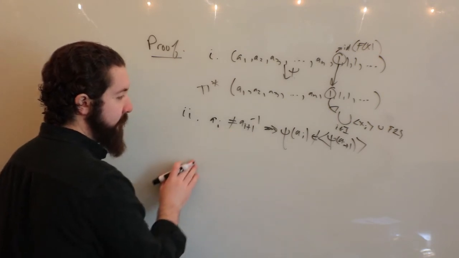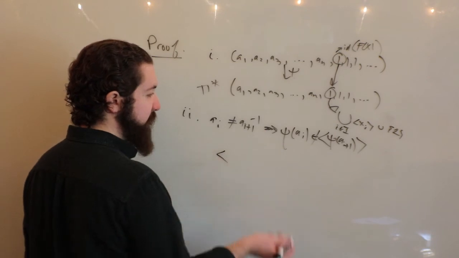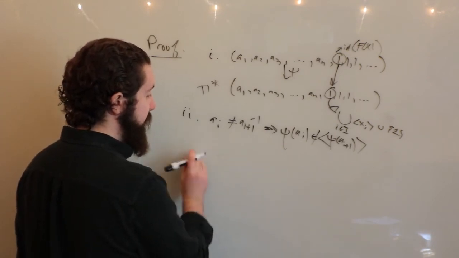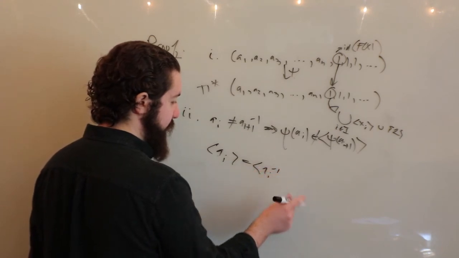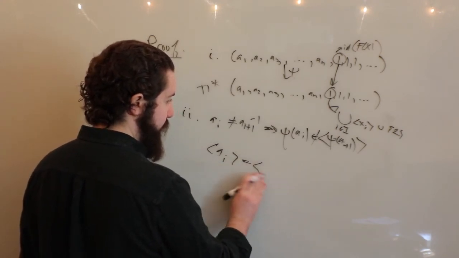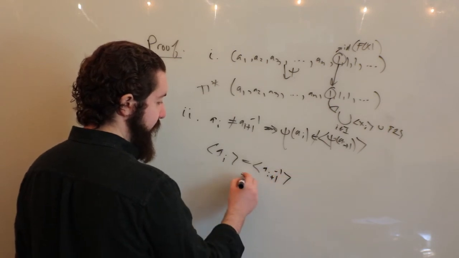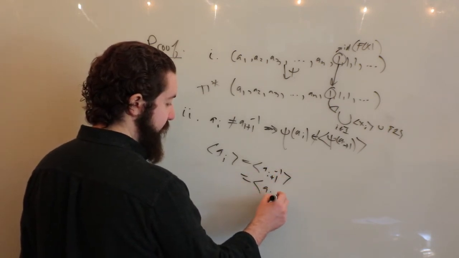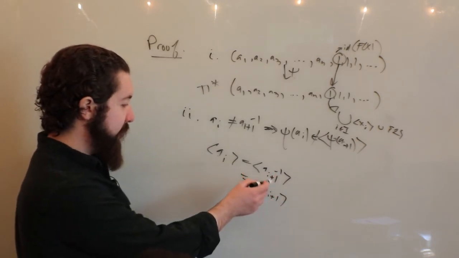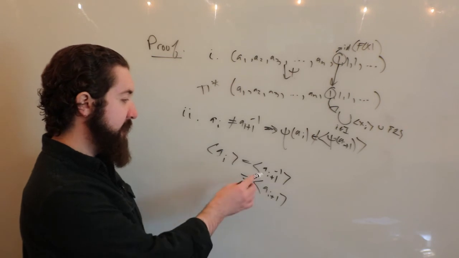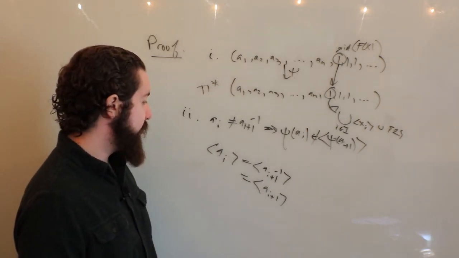We can't reduce any further, and so we know that their cyclic groups will not intersect, right? Because a sub I plus 1 and its inverse generate the same infinite cyclic group.